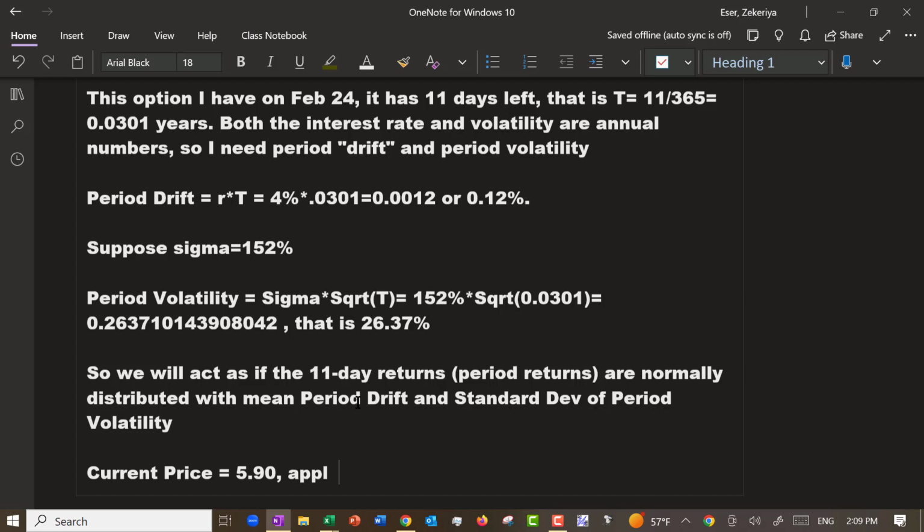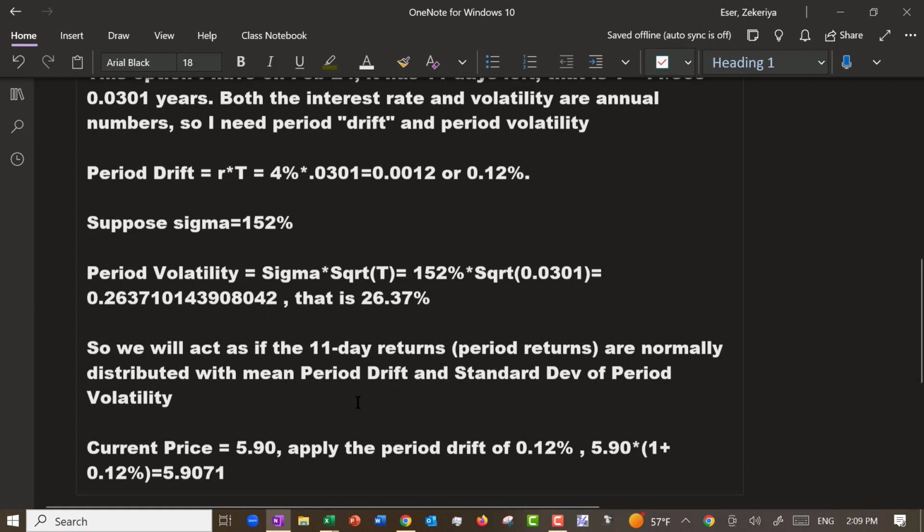Apply the period drift. And that's 590 times 1 plus 0.12%. It's not going to be much.